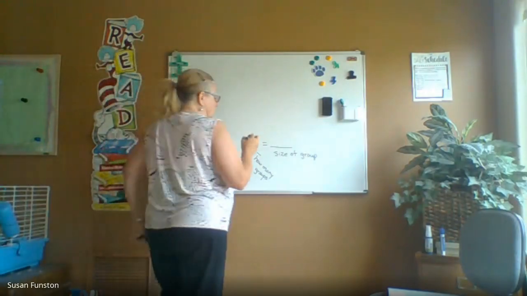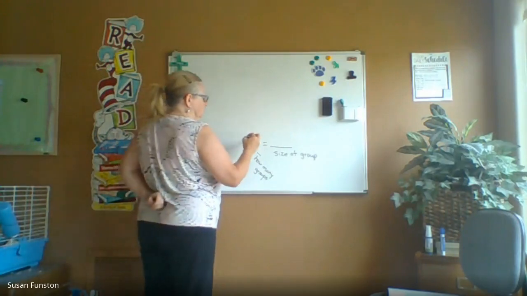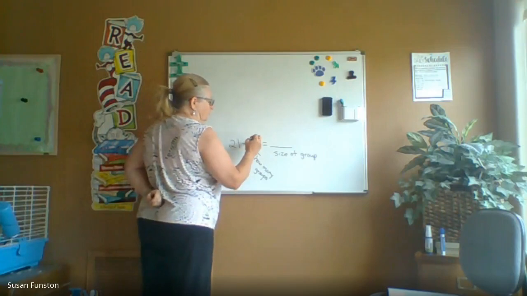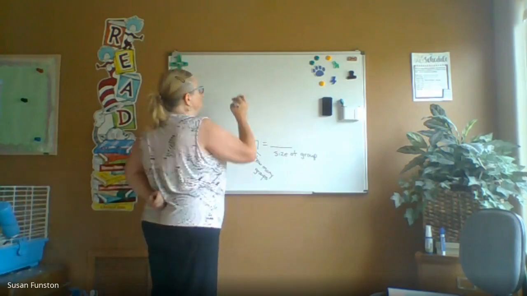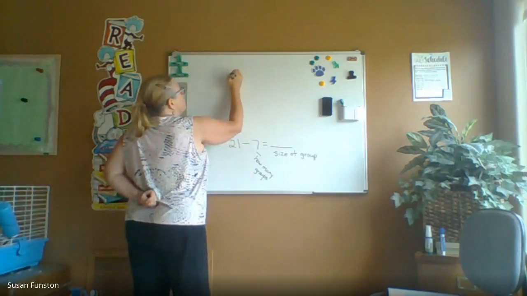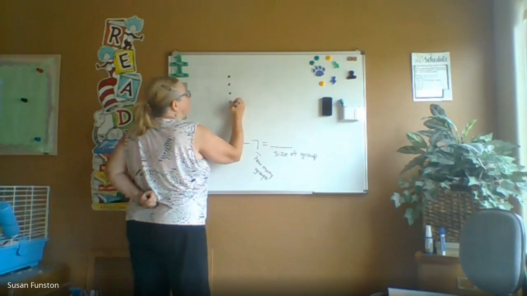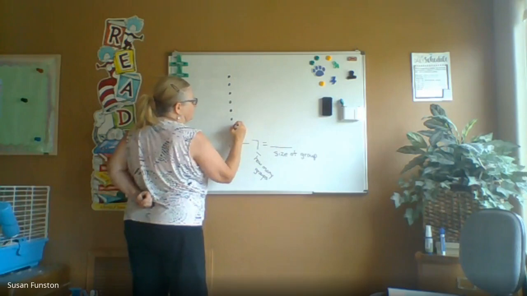And I want to divide 21 into 7 groups. And I want to know how many will be in each group. I know I need 7 groups. I need 1, 2, 3, 4, 5, 6, 7.